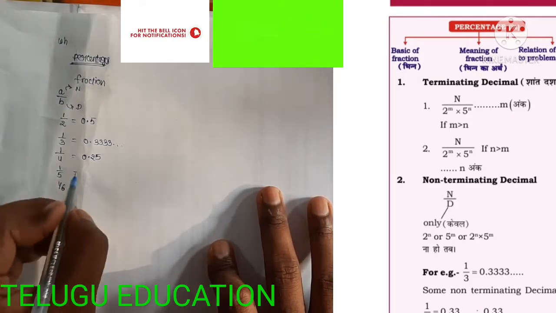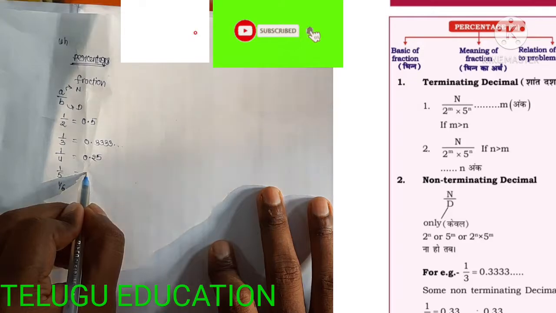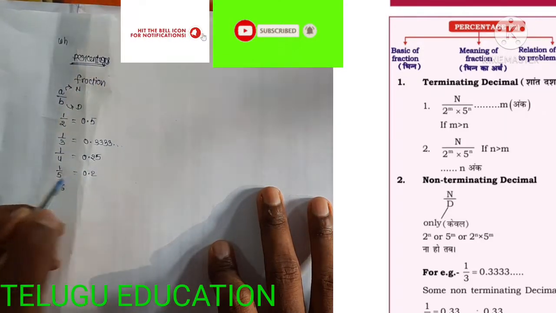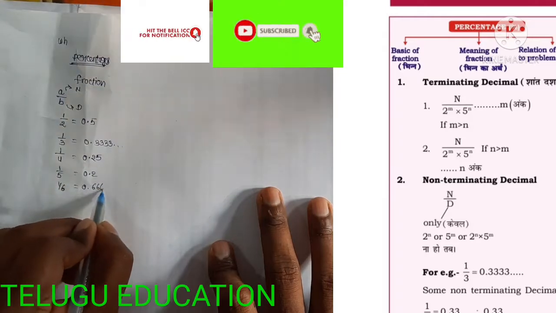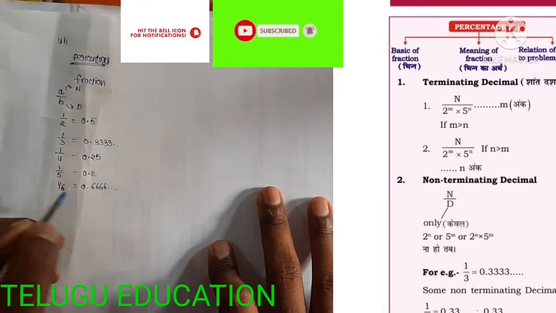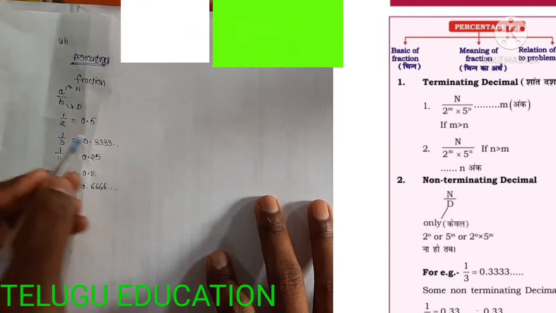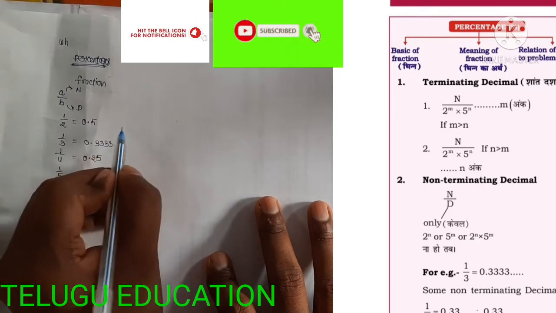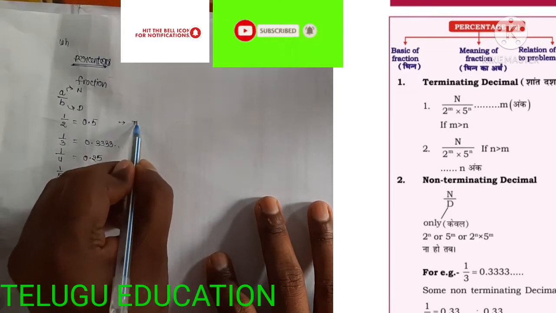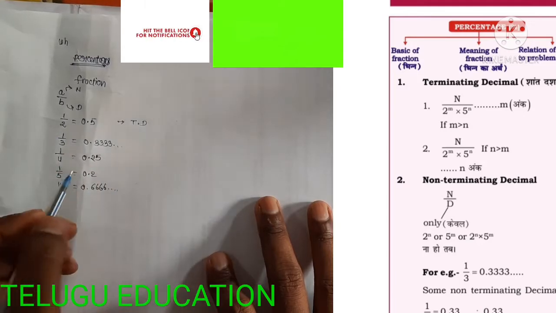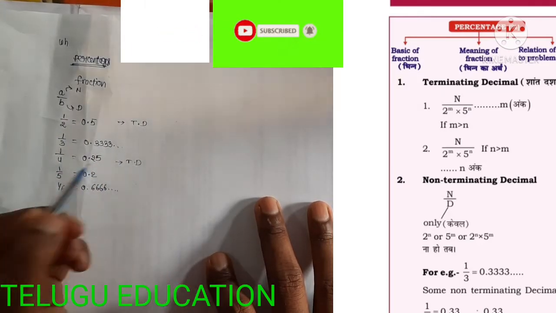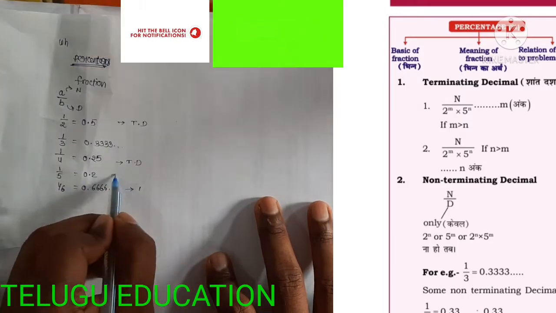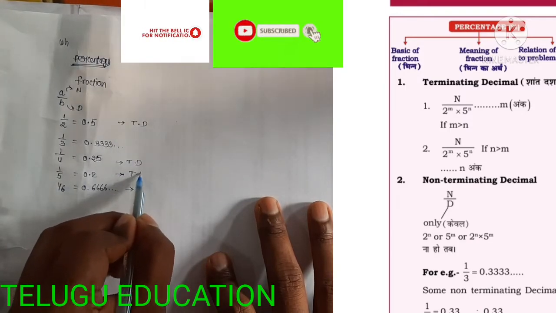What is the value of 1 by 5? 1 by 5 is 0.2. 1 by 6 is 0.6666 and so on. So 1 by 2 value is 0.5, a terminating decimal. 1 by 4 is a terminating decimal. 1 by 5 is a terminating decimal.